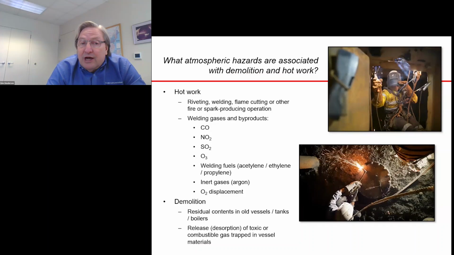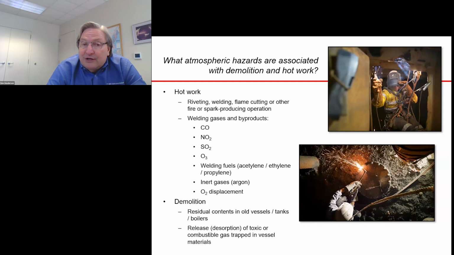Hazards associated with hot work. What is hot work? Here we're deliberately introducing a source of ignition into the working area. That can be by means of riveting, welding, flame cutting, or other fire or spark producing operation. Welding gases that are used in the cutting process, such as acetylene or ethylene or propylene.